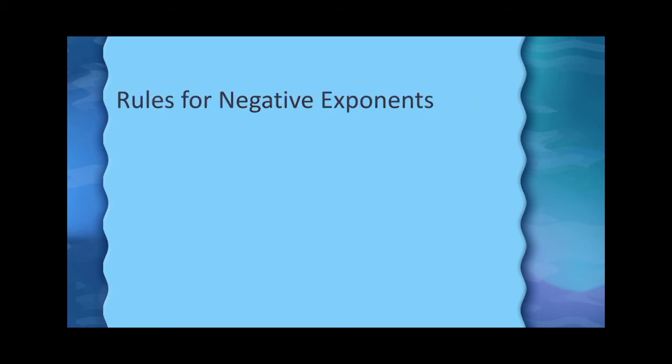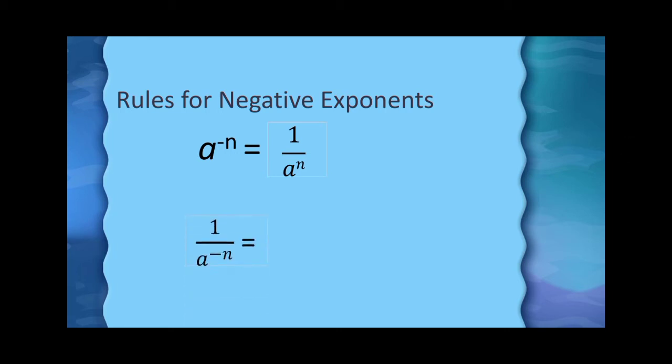Now we have the rules for negative exponent. The first one is a raised to negative n. This is equal to 1 over a raised to n.